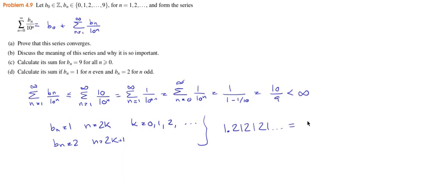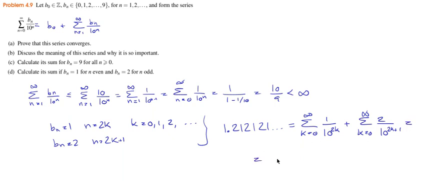So this is equal to the sum from k equals 0 to infinity of 1 over 10 to the 2k, plus the sum from k equals 0 to infinity of 2 over 10 to the 2k plus 1. So we separate the sum in two parts, the even and the odd numbers.